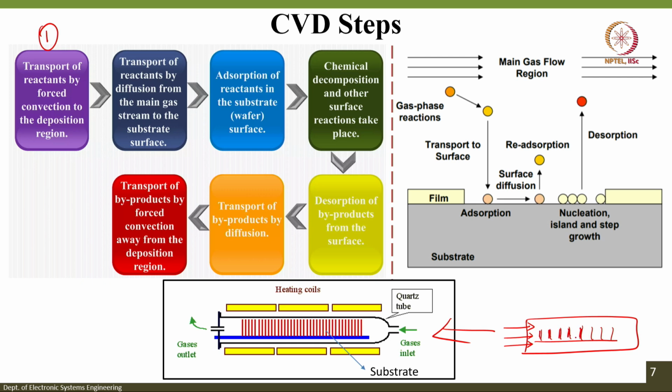After the chemical reaction, whatever byproducts are generated will be taken outside of the chamber. This is the entire overview of a chemical vapor deposition process.